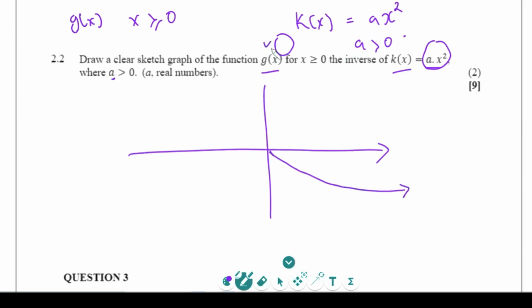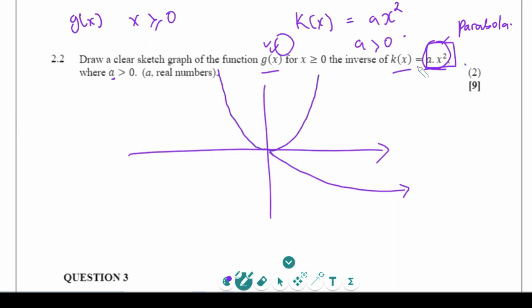That is the graph of g, because we know that ax squared is going to be a parabola, not an exponential. It's a parabola, which is moving in this sort of direction regardless.